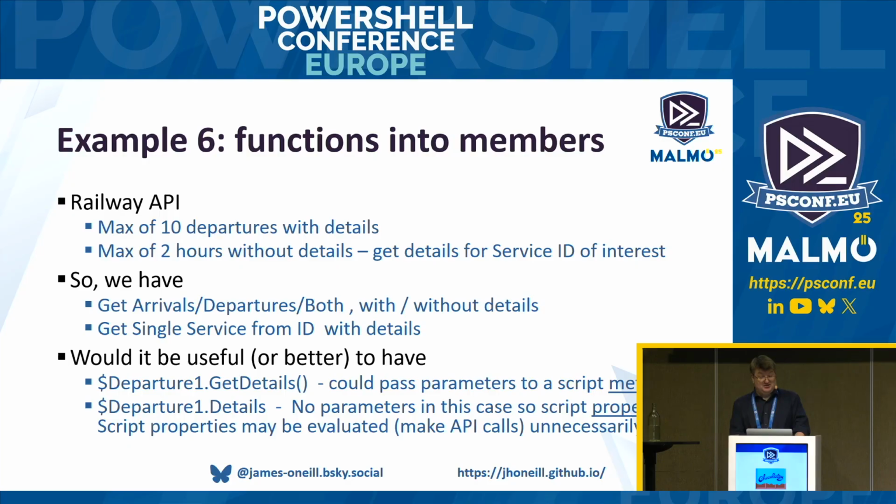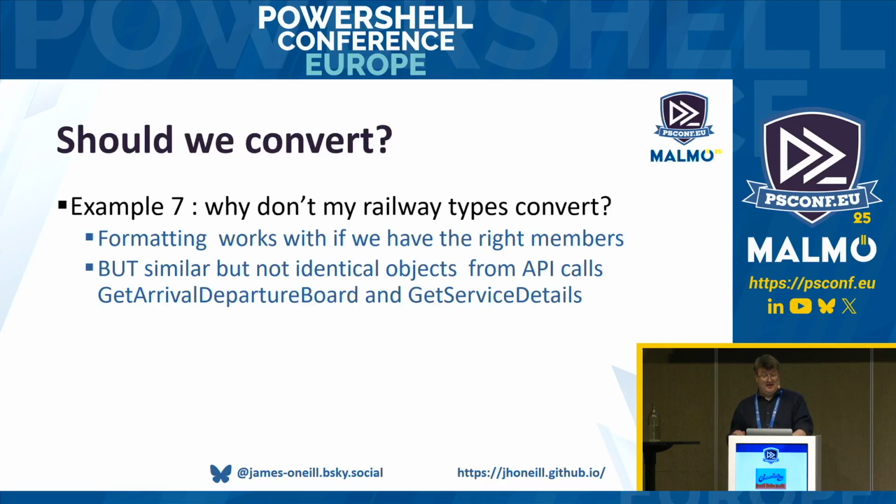So I could say I want a GetDetails method, or I could say I want a Details property. Really, those depend on what I think is the more convenient. But if I'm not careful, it will make the API call to get those details when I don't want it to. So a lot of the time, I will be happier to have GetDetails.